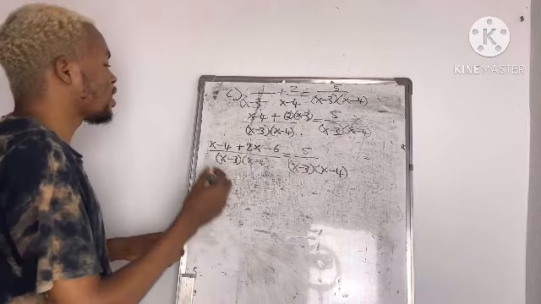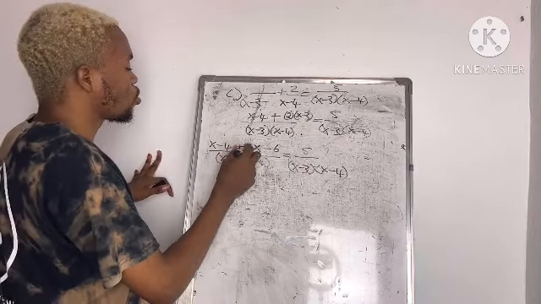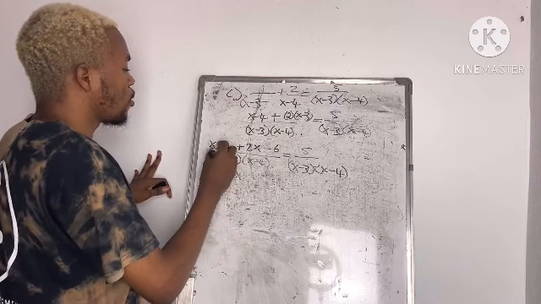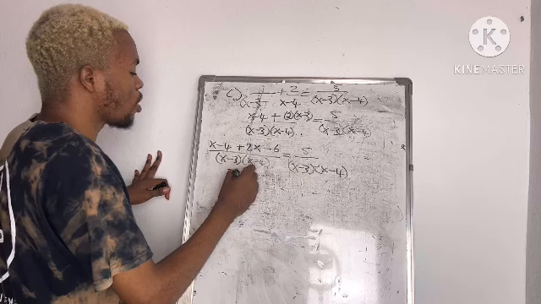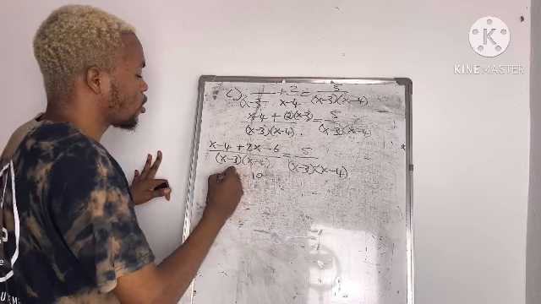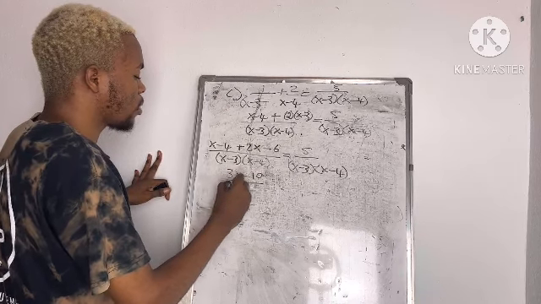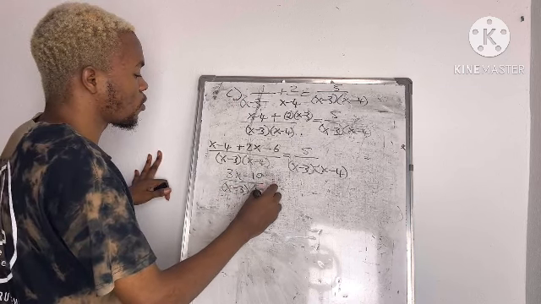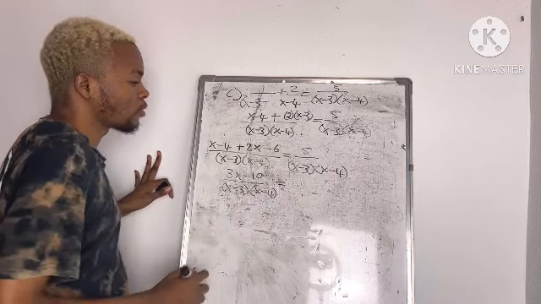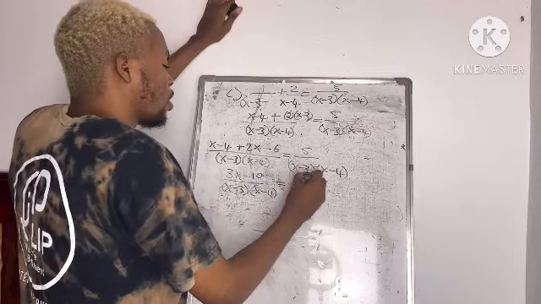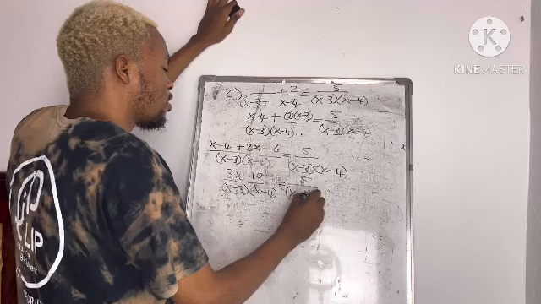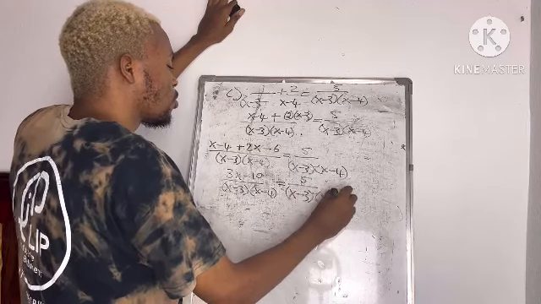You simplify the top. x plus 2x gives 3x, and minus 4 minus 6 gives minus 10, all divided by x minus 3, x minus 4, equal to 5 over x minus 3, x minus 4.